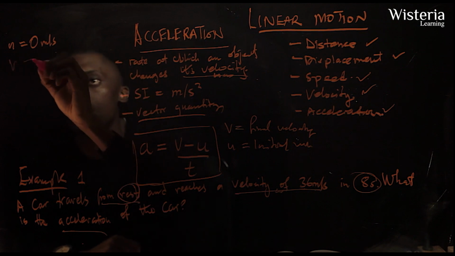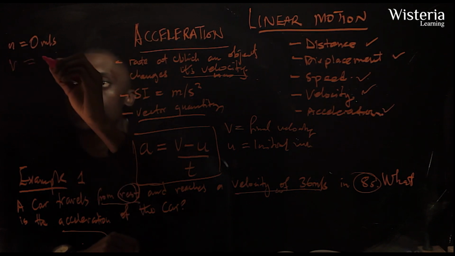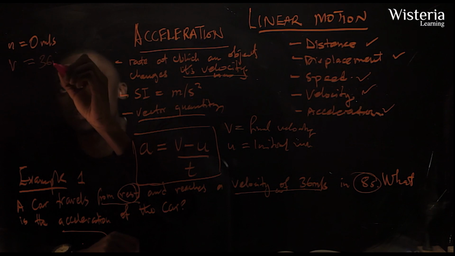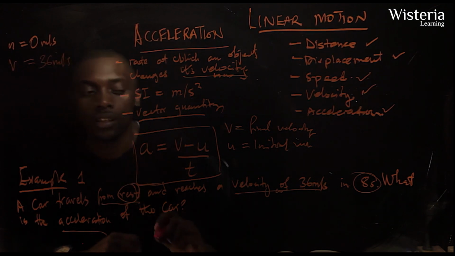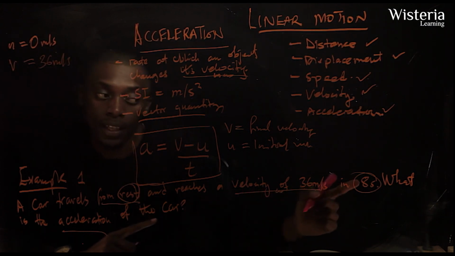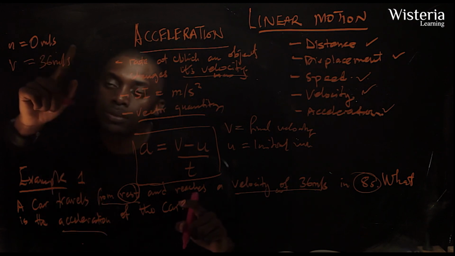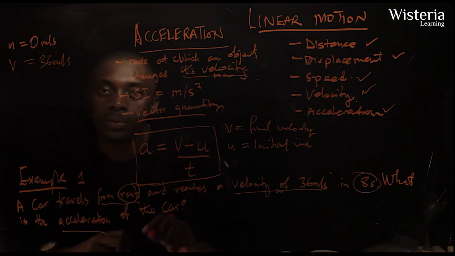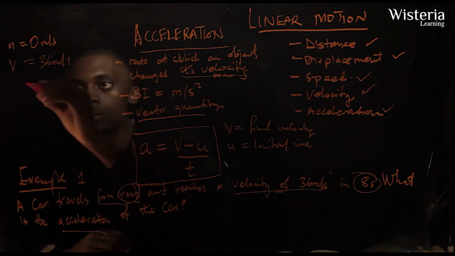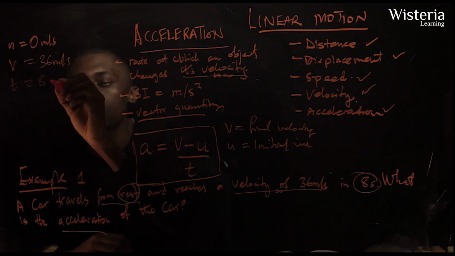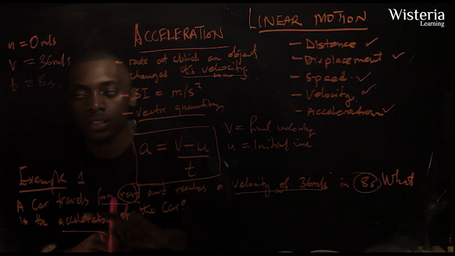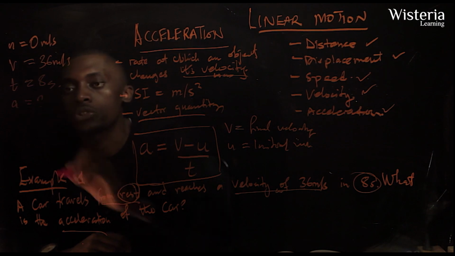Therefore, we can say our v, the final velocity, is 36 meters per second. Then the time taken to change from 0 meters per second to 36 meters per second is 8. So our t is 8 seconds. Now we can find the acceleration, which we do not know.